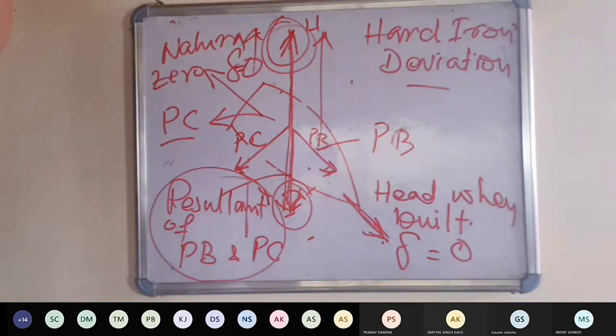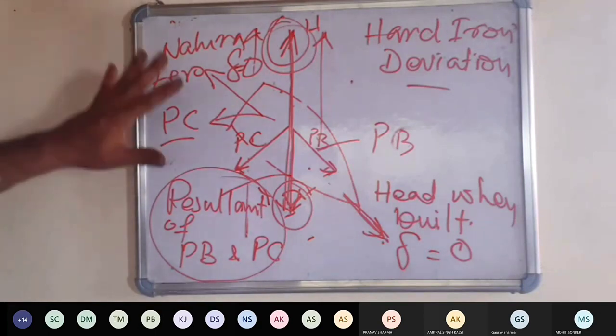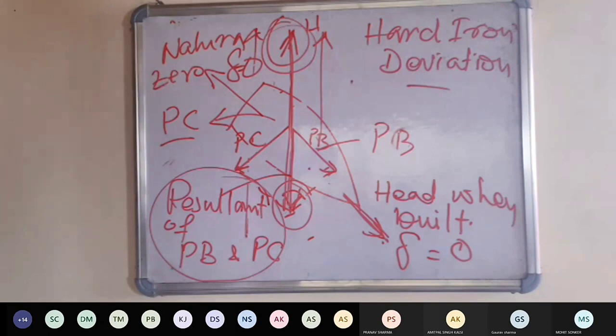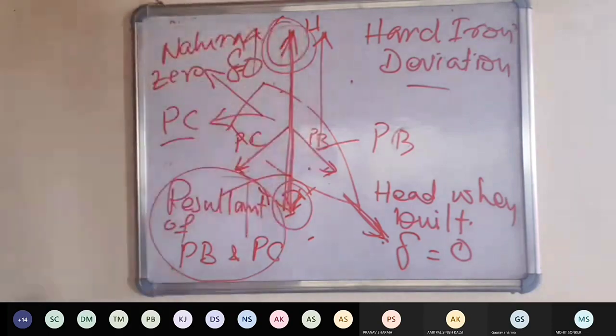This has got a different effect than what we have seen so far. We have seen A, B, and C coefficients, but in this, both of them are existing together.